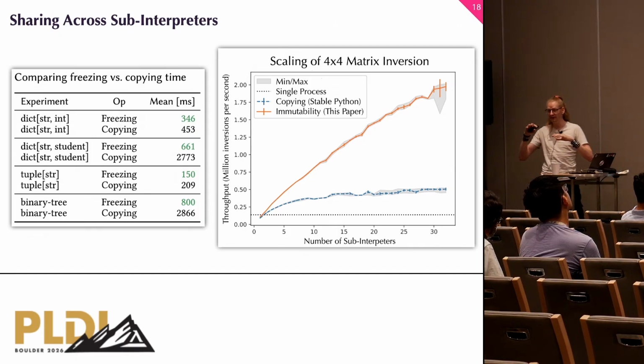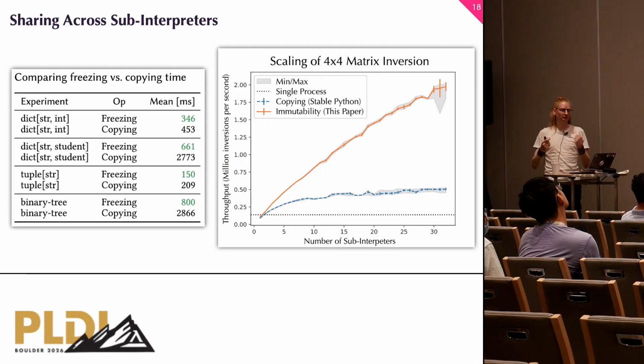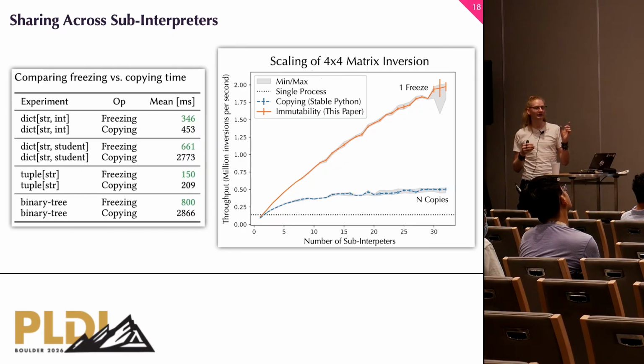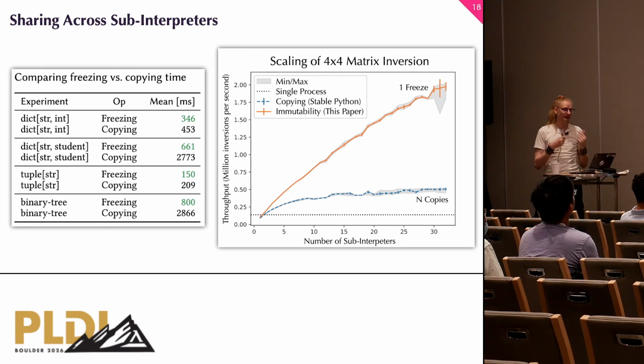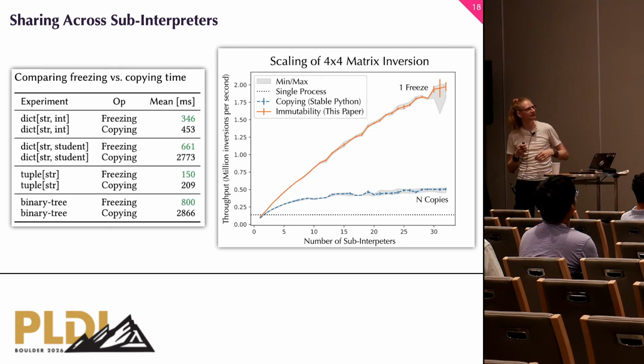So in this benchmark, we've scheduled 4x4 matrix inversions across several subinterpreters. And the blue graph at the bottom shows what is currently possible on stable Python. So for every send, you have to create a copy of it, while freeze is done once. So we freeze a matrix once, and afterwards we can freely send it to every subinterpreter to do the matrix inversion. And that is one of the big reasons why we see such a performance increase.